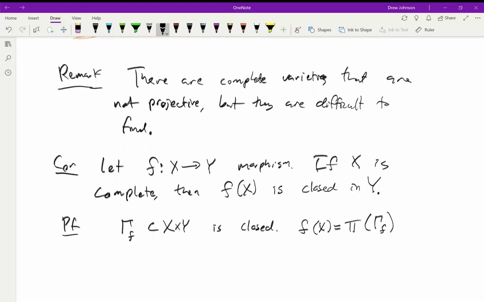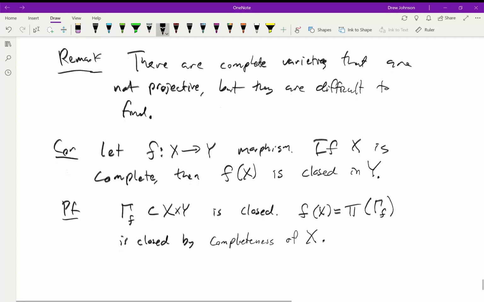So this is closed by completeness of X. And remember, the graph was closed. I believe we proved that back when we were talking about the separated property. So you need X and Y to both be varieties, or at least one of them, to have the graph closed.